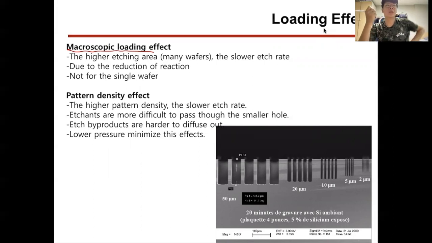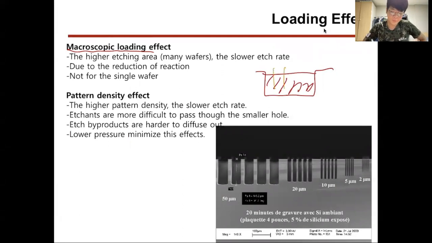In wet etching, we dip the wafers in the etchant bath, and if we use several wafers, then the reactant can be depleted. We may not have sufficient reactant, so it is important to sustain the concentration of reactant.